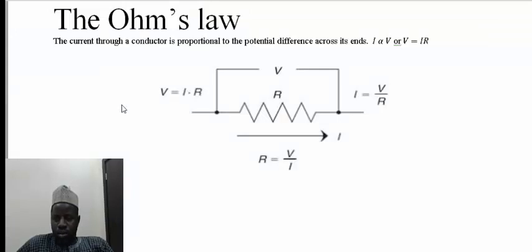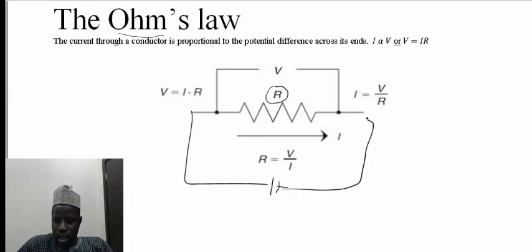Okay, having the two important parameters well defined in the previous video, we have a law that connects them. This is called Ohm's law. When we have a conductor with a particular resistance and we apply some potential across it, which is our V, it allows current to flow.